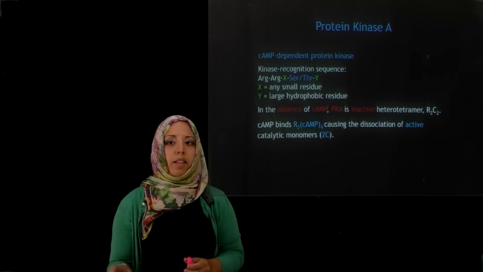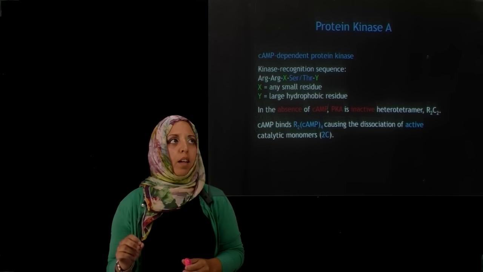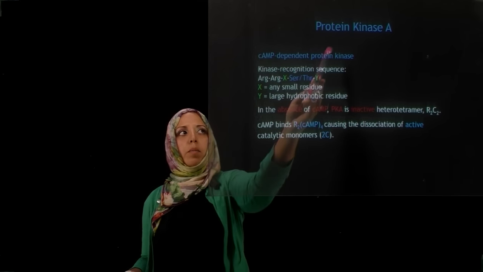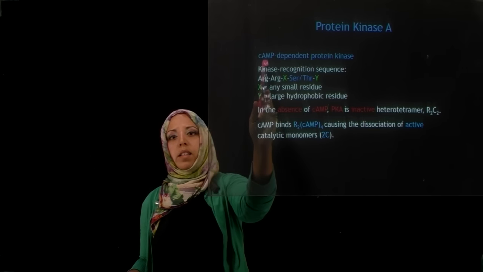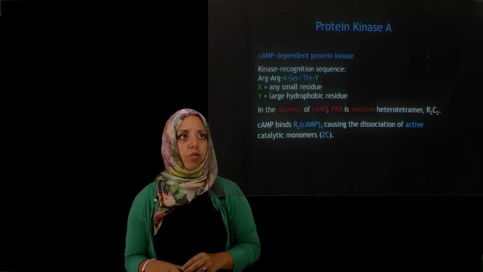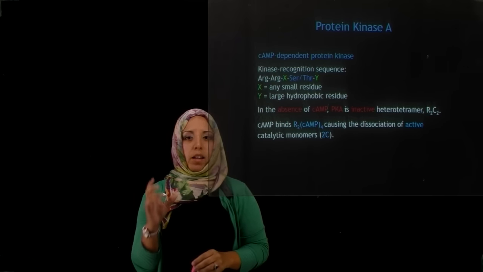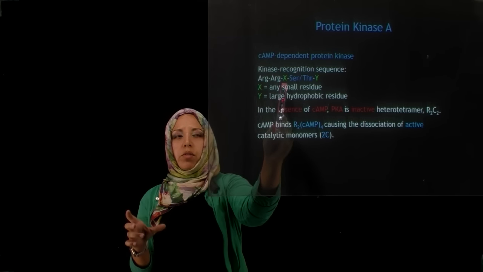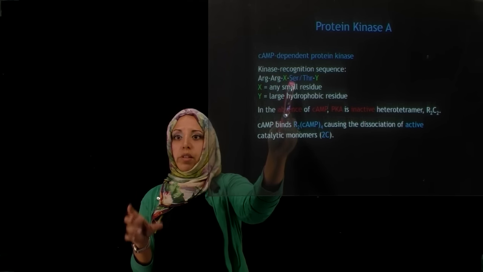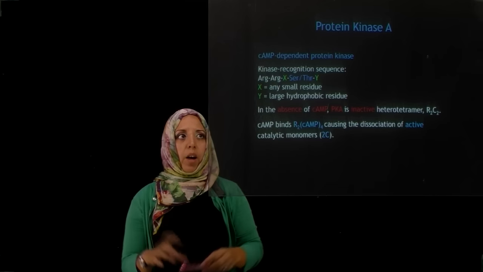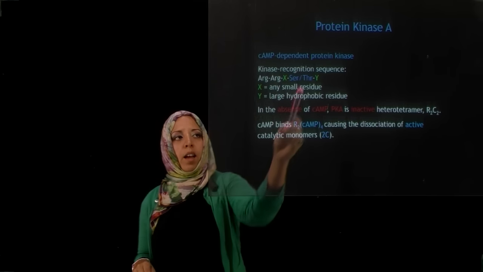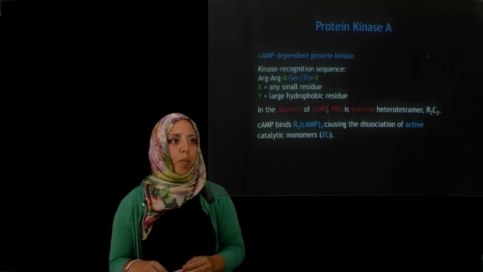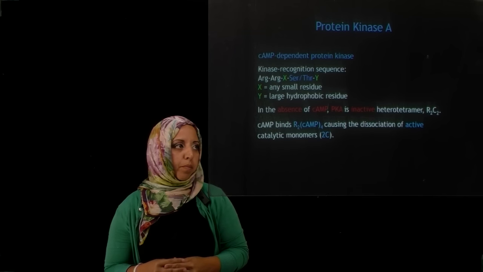Protein kinase A is a cyclic AMP-dependent protein kinase, meaning that it is activated by binding to the secondary messenger cyclic AMP, and it recognizes specific sequences where you have arginine residues followed by a small residue and either a serine or a threonine that will become phosphorylated, and then typically a hydrophobic residue, right?